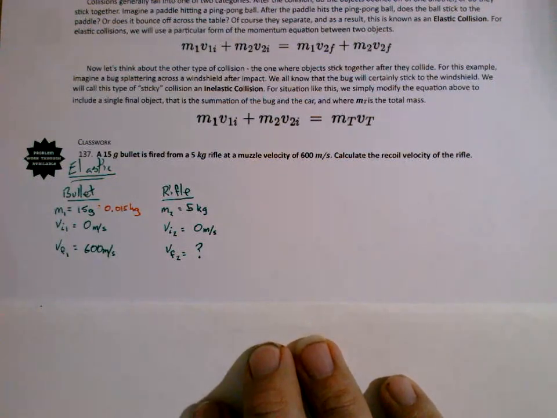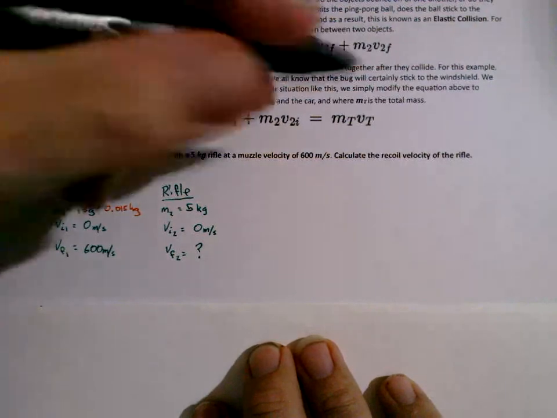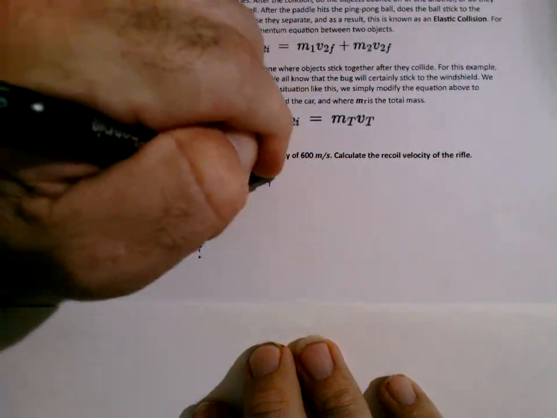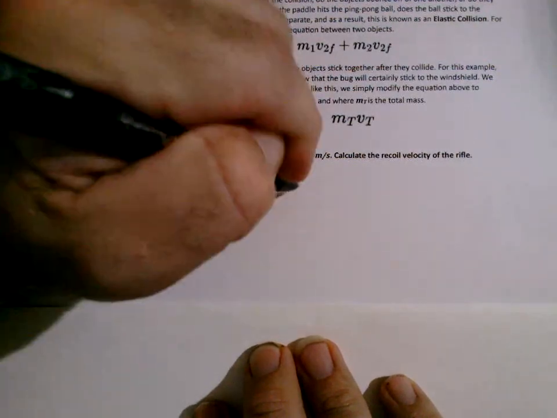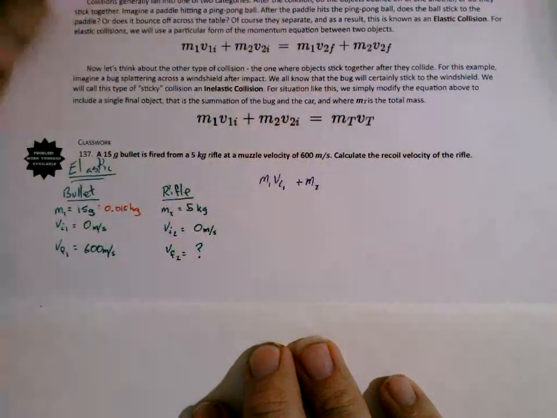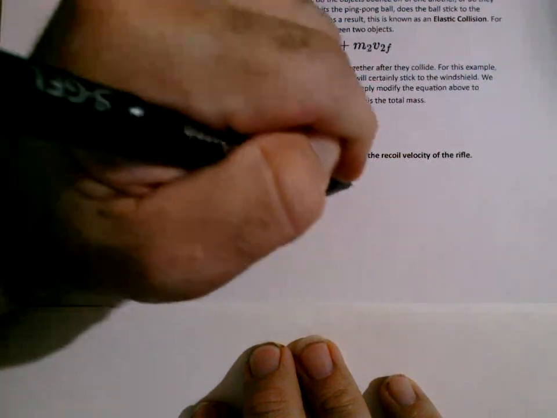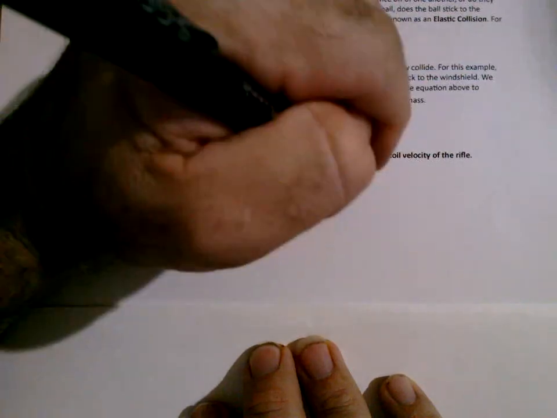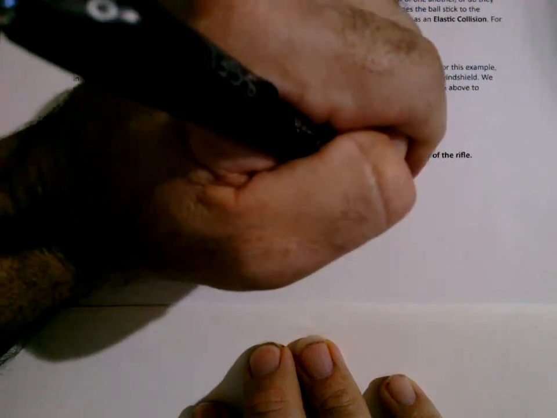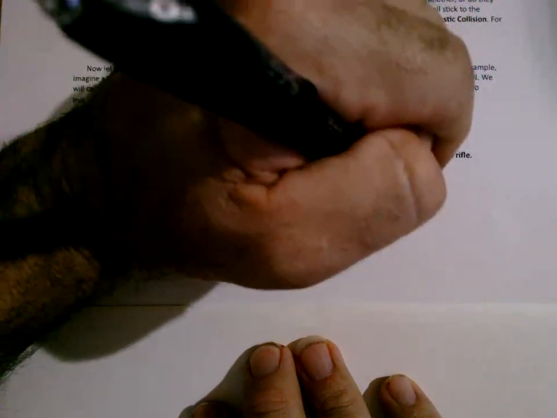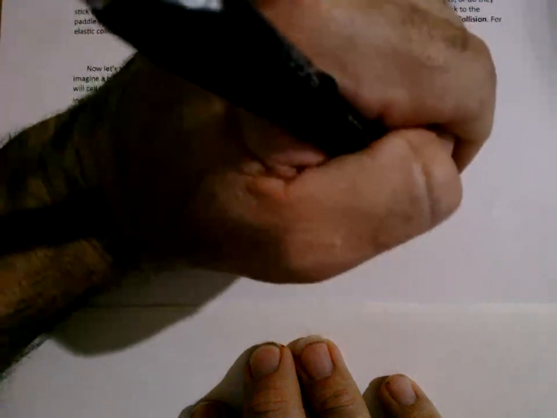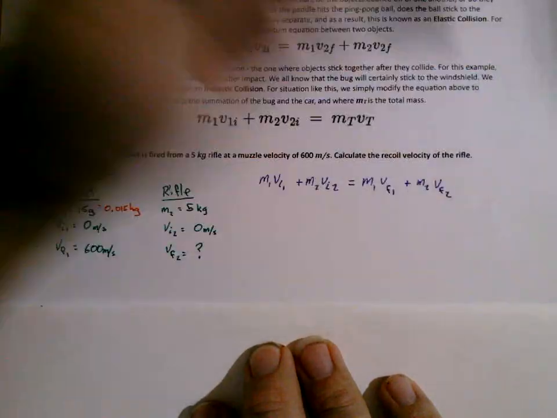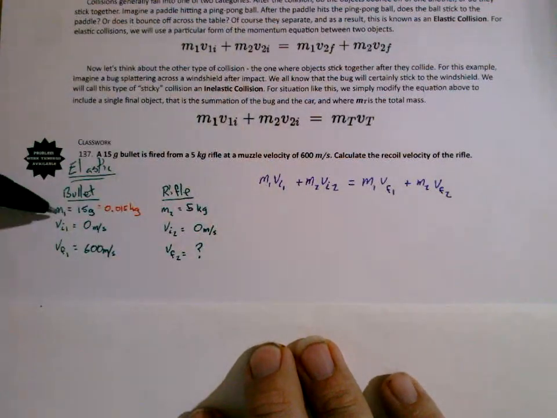Now, if we start with our formula, M1 VI1 plus M2 VI2 equals M1 VF1 plus M2 VF2. Now we just plug in the numbers that we know.